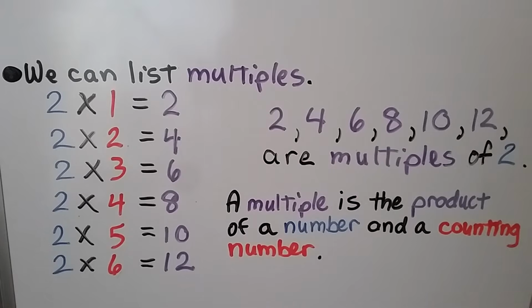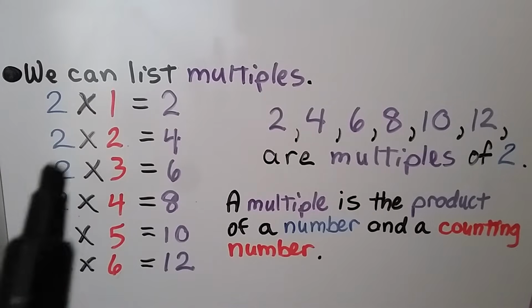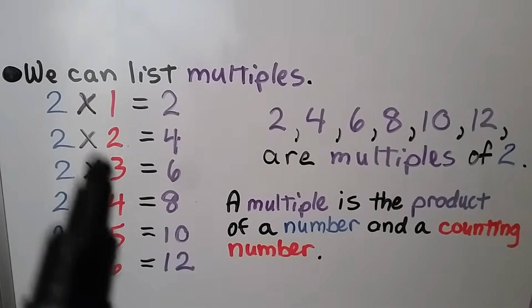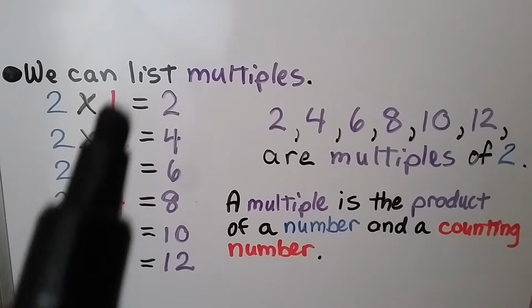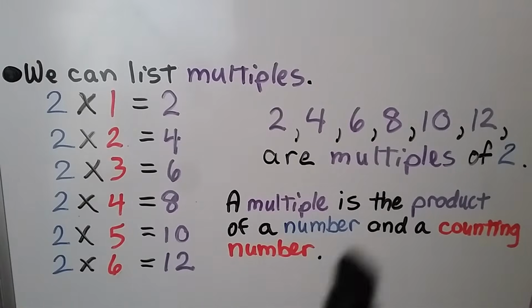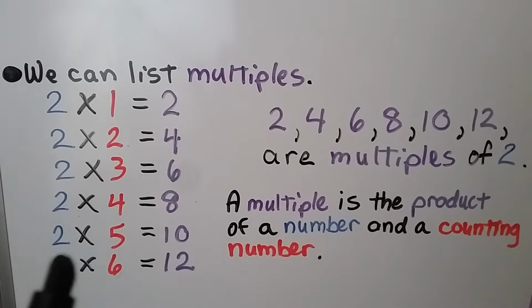We can list multiples. We can write 2 times 1, 2 times 2, 2 times 3, and we write their products. 2, 4, 6, 8, 10, and 12 are all multiples of 2. A multiple is a product of a number, like this 2, and a counting number.